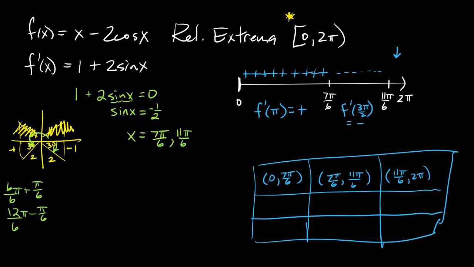And I'll just tell you right now that if you use your calculator to calculate 1 plus 2 sine of 6.23, because that would be slightly less than 2 pi, so sine of 6.23, you're going to get a positive answer. I basically know this because sine alternates.